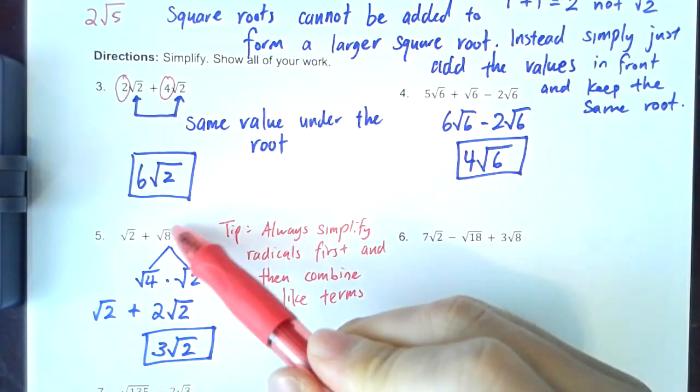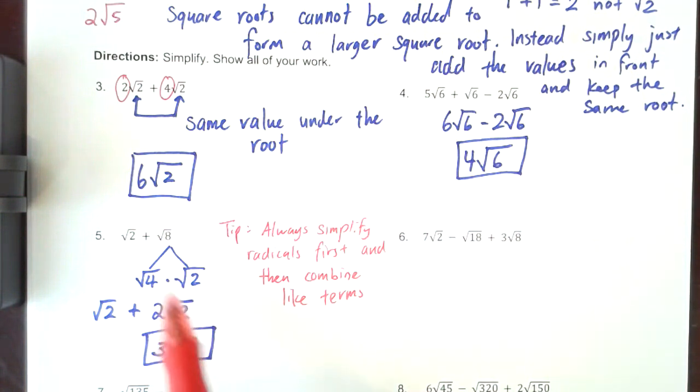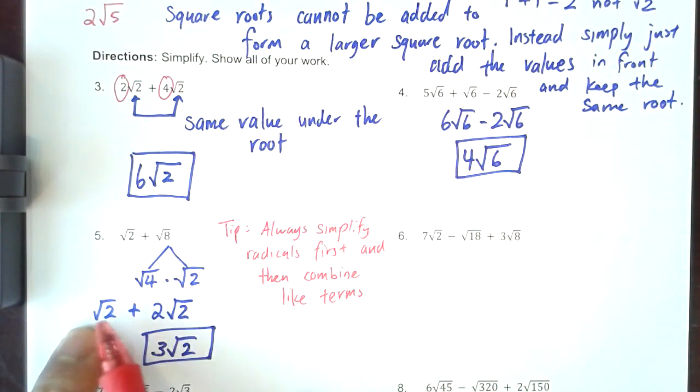Notice how we simplify square root of 8 first. We got it to be 2 root 2, and then you get that to be 3 root 2.